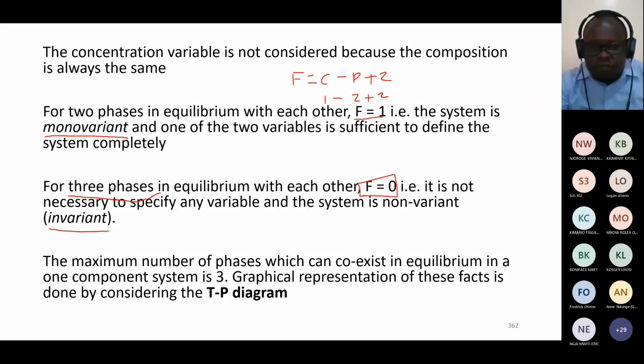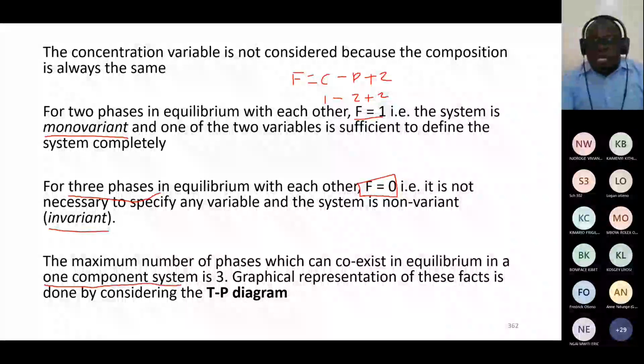It has 0 degrees of freedom. The maximum number of phases that can coexist in equilibrium in a one component system is 3.